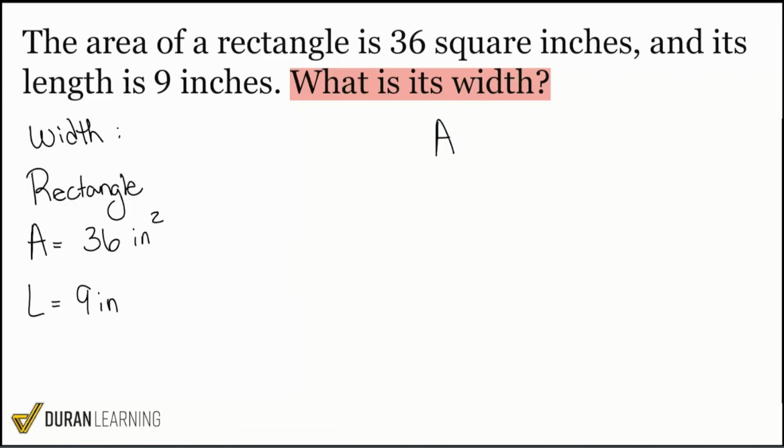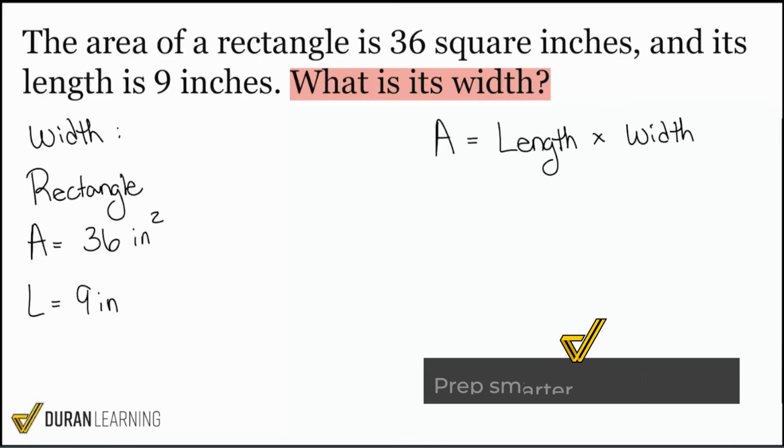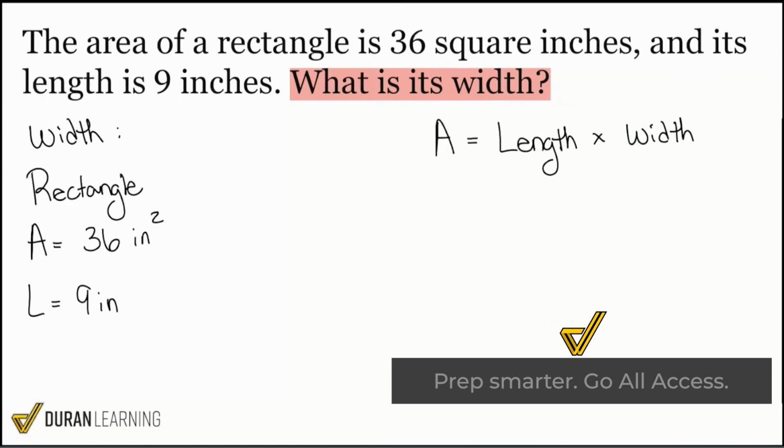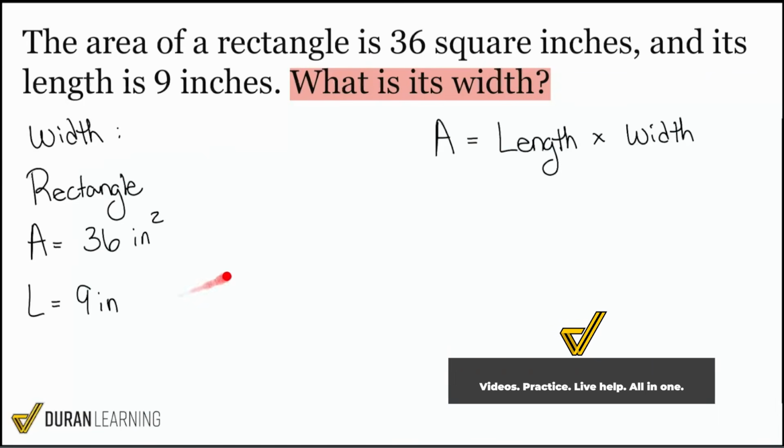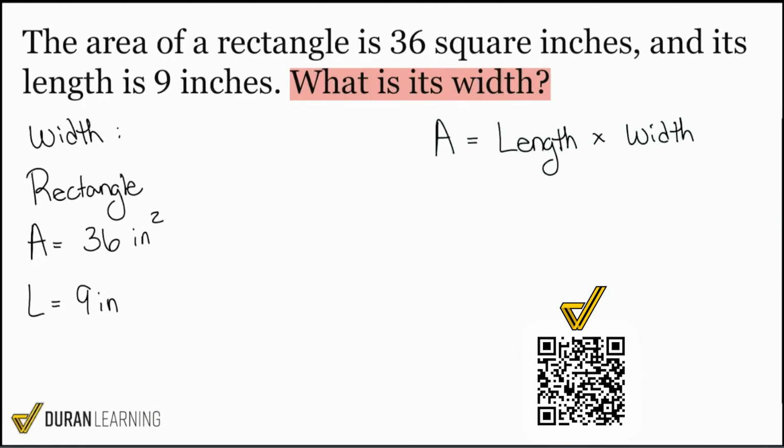Yes, there we go. So area equals length times width. We know this is the correct one that we will use because, again, it's the relationship between a rectangle's width, length, and area. Width, length, and area for a rectangle, boom. Now we can be confident that we have the right formula.